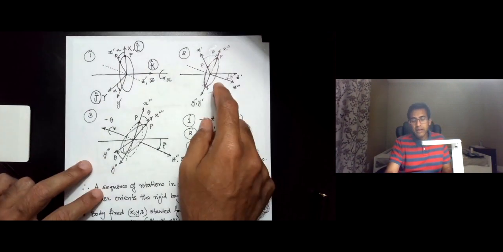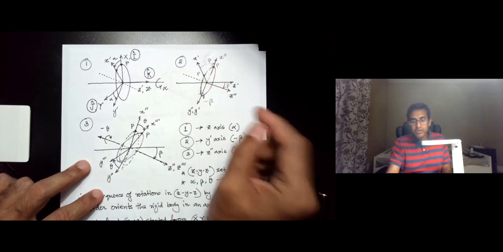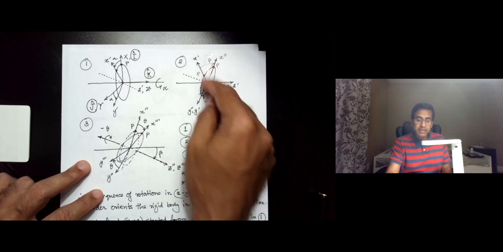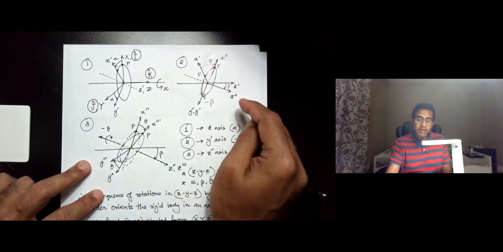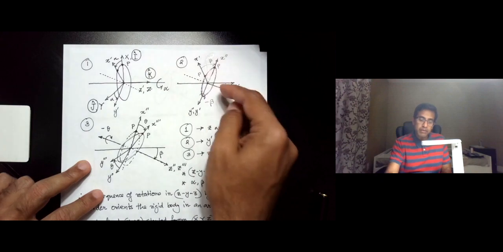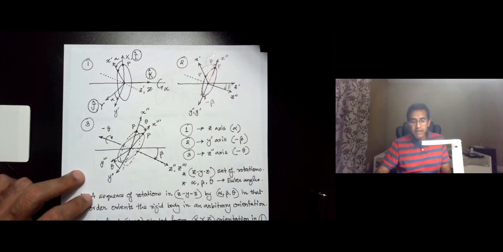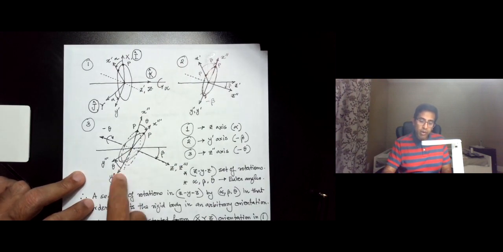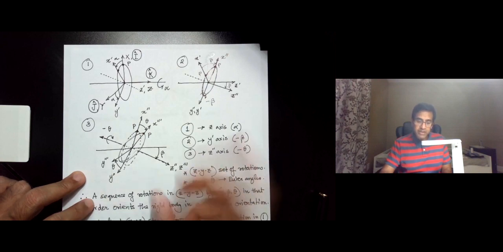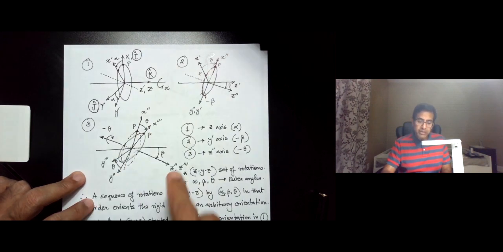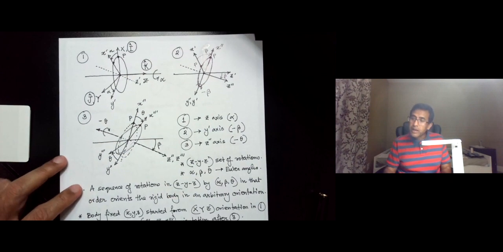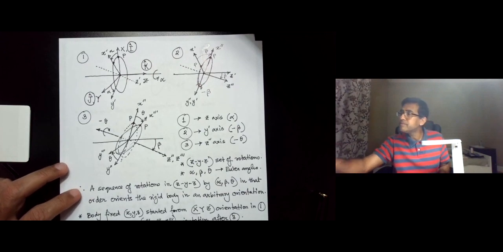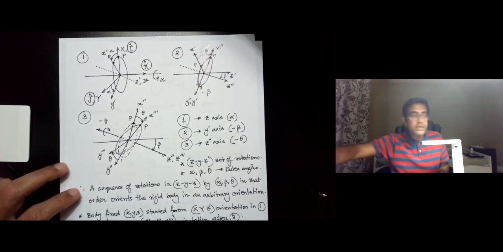Then by using this rotation, we can show how a vector expressed in X prime, Y prime, Z prime can be expressed in X double prime, Y double prime, Z double prime. And similarly, we can show how a vector represented in X double prime, Y double prime, Z double prime can be expressed in X triple prime, Y triple prime, Z triple prime using this rotation. And so we will show that. Let me just see where my notes are with respect to that.